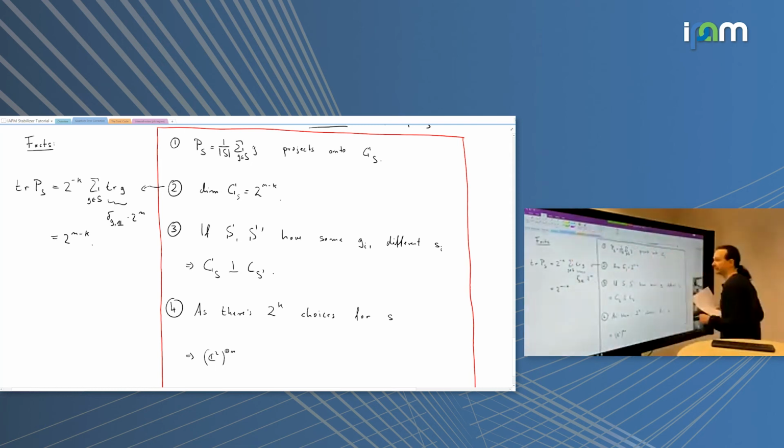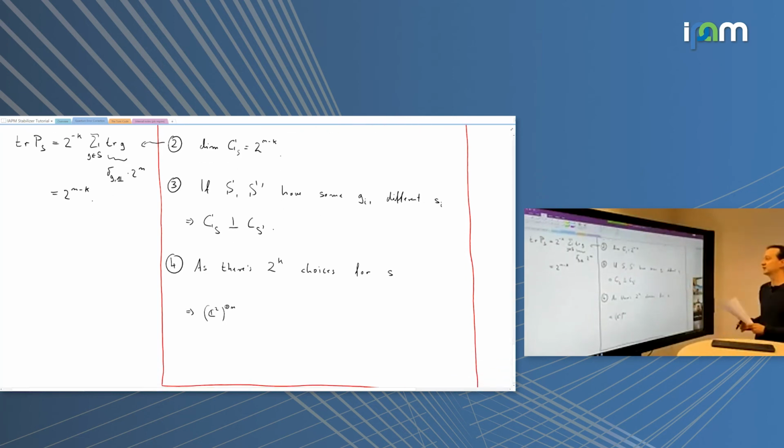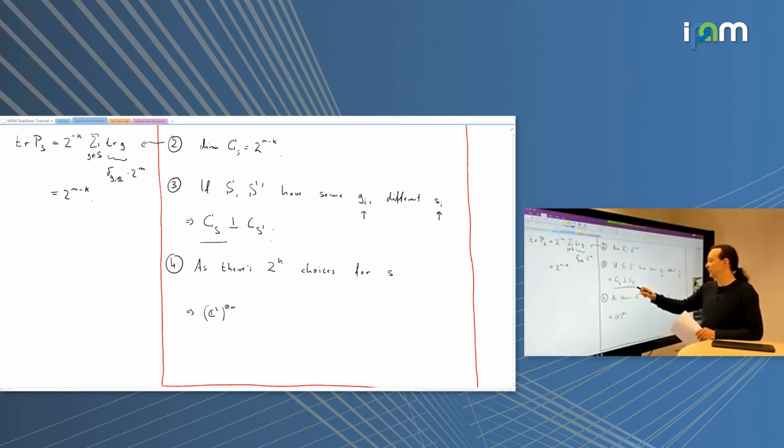So now, that was my claim before, that all these joint eigenspaces have the same size. And that is true. And there is a next important statement, which is just trivial linear algebra. Namely, if I take two stabilizer groups that have the same generators, but differ in the choice of phases, then the resulting codes will be orthogonal to each other.